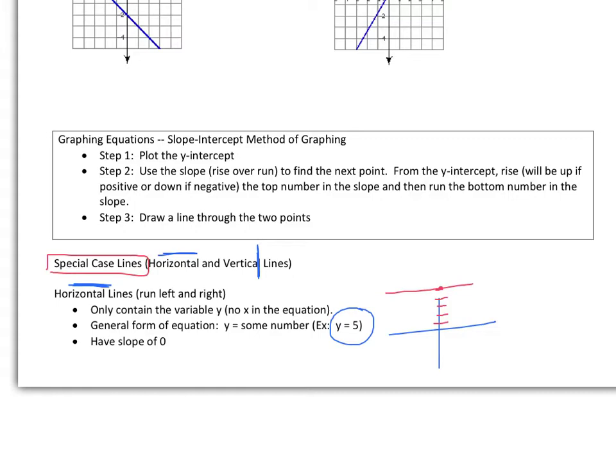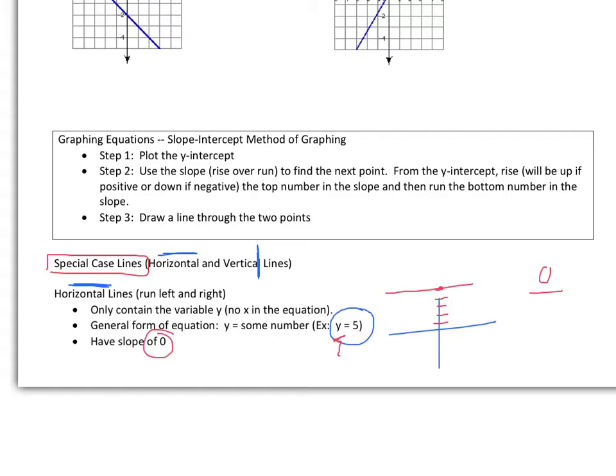A horizontal line has no rise, so the rise is 0 and the run can be whatever you want. So it doesn't go up or down, it just goes left to right, so no slope whatsoever, a flat surface. So we say the slope is 0. And again, a horizontal line is of the form y equals, because horizontal lines only intersect the y-axis.